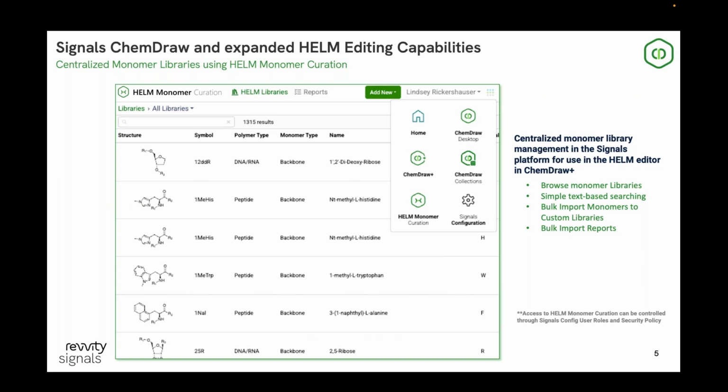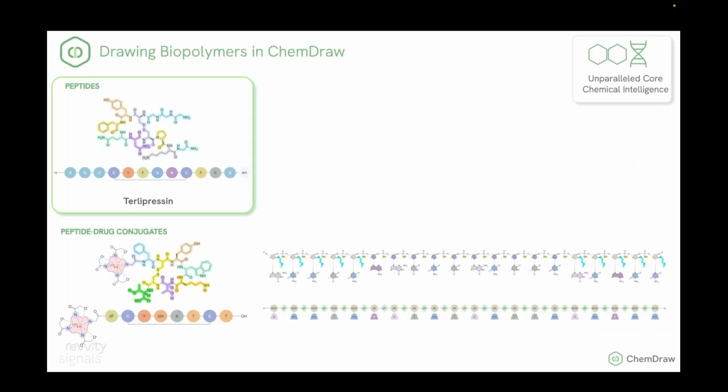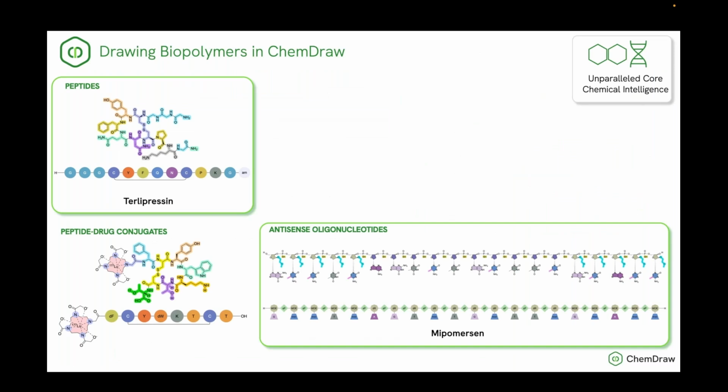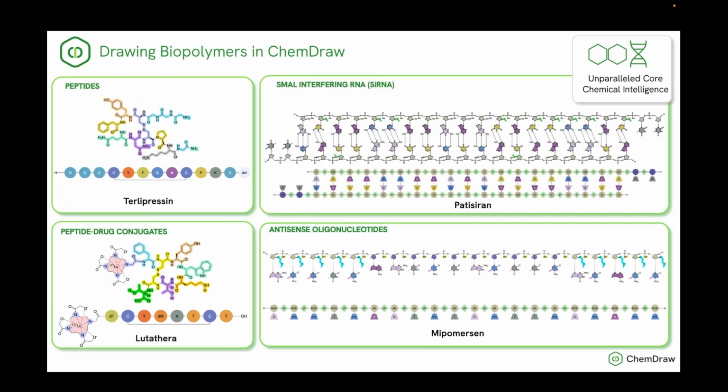Okay, so with that, I'm going to go ahead and jump into the platform. I'm going to show you some of the different kinds of biopolymers you see here on the screen. Most of what I'll be showing you is how to quickly and easily draw peptides, oligonucleotides, and some of the different variations therein within today's demonstration.